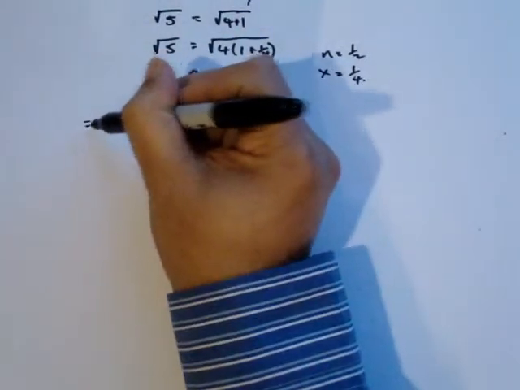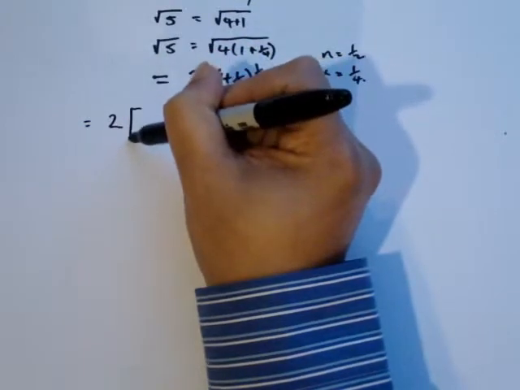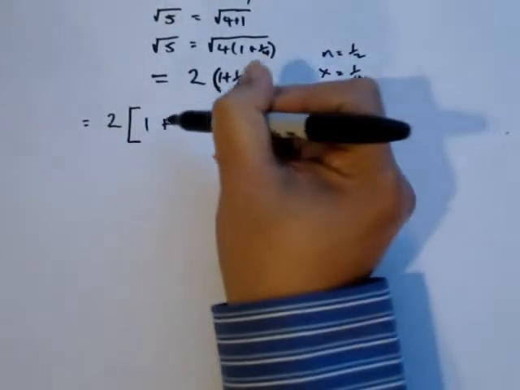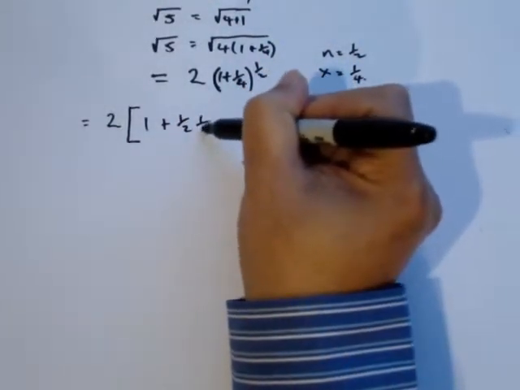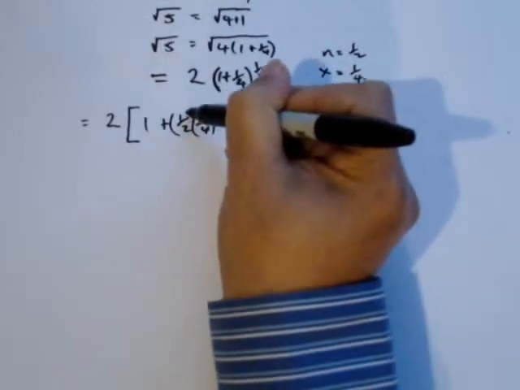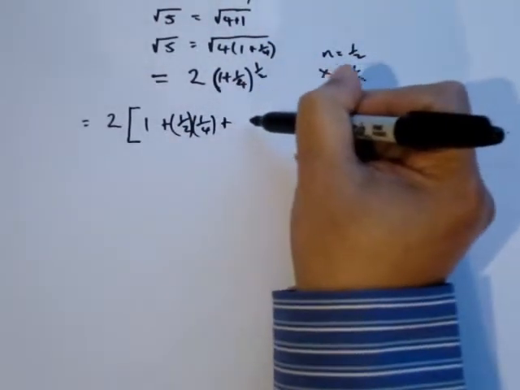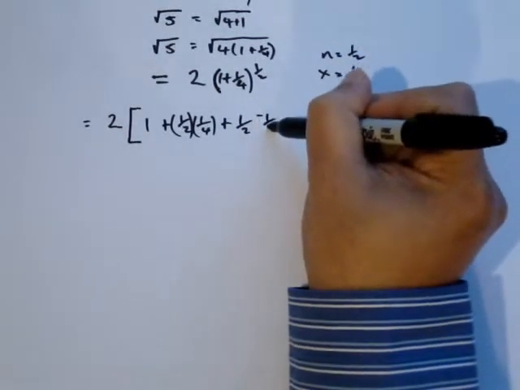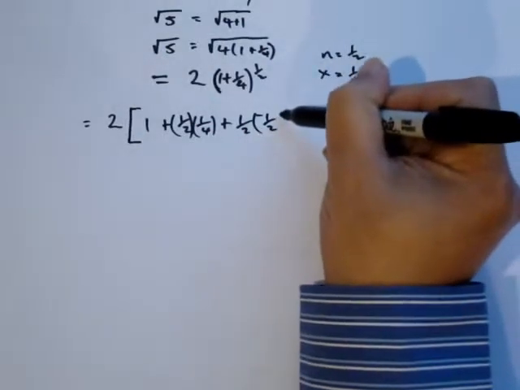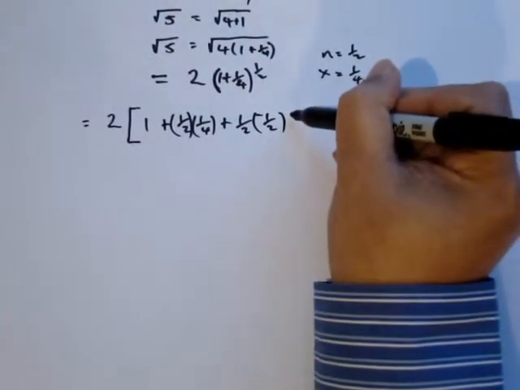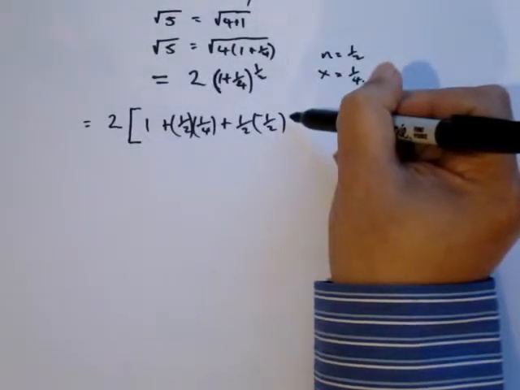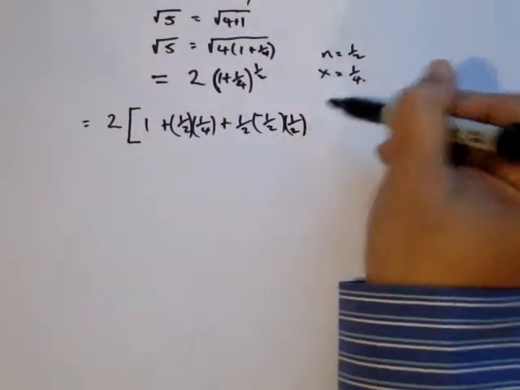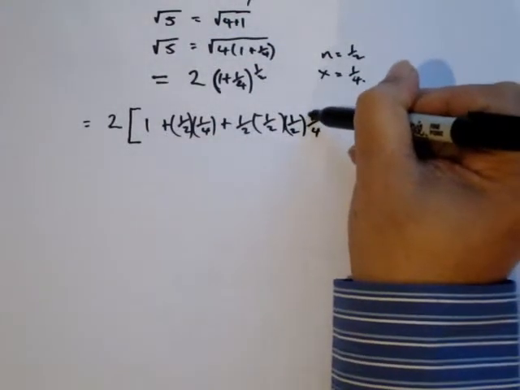So we get 2 on the outside, so 1 plus nx, which is a half times a quarter, and we add to this a half times n minus 1, which is minus a half, divided by 2 factorial, and then times x, which is a quarter, squared.